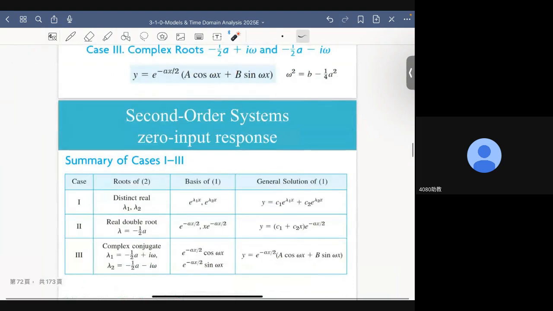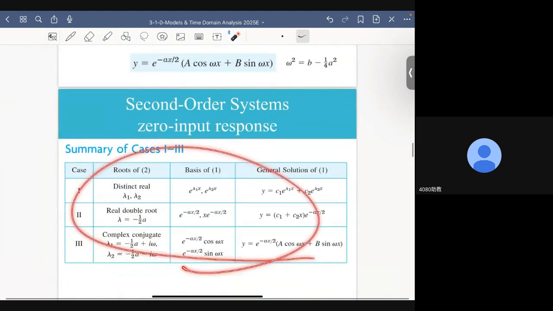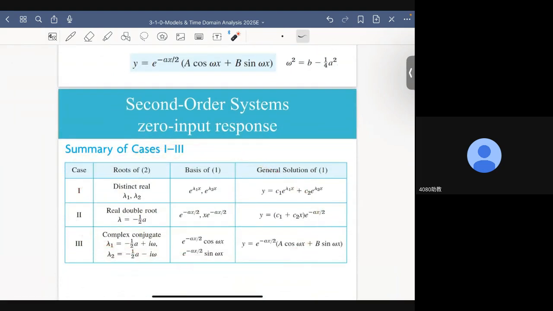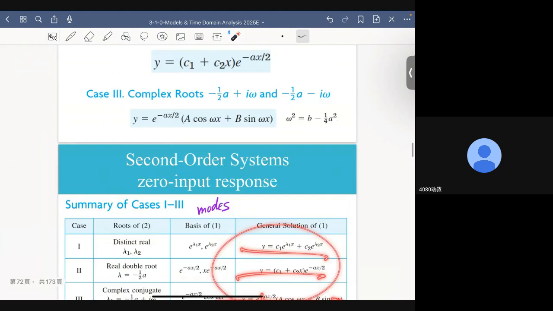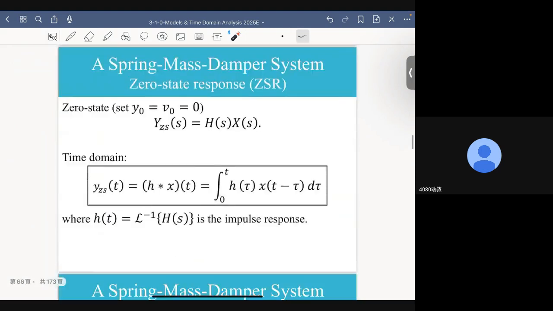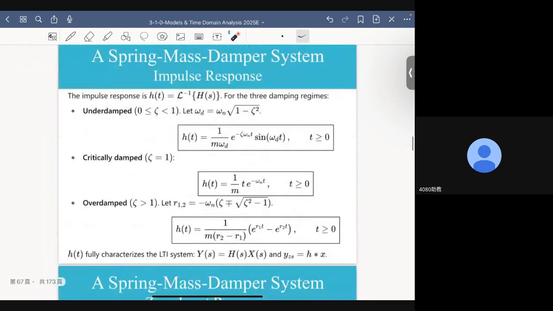So we learned it before, and this table actually summarizes what we just presented, okay? 3 cases. Now this means roots, and this means modes. And this is the general solution, okay? So the reason, here we have 3 general solutions. Therefore, for impulse response, we also have 3 general solutions.